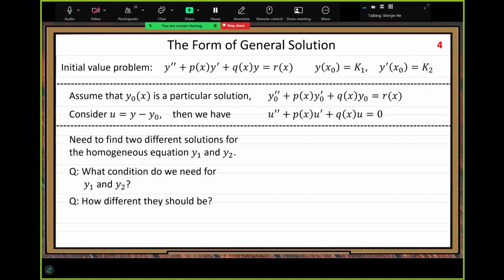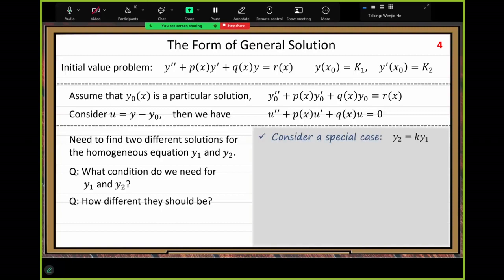But we need to use a solid mathematical description. We cannot say completely different. What do you mean completely different, right? So we need to use some solid mathematical concept to describe their difference. So we need to introduce that concept.